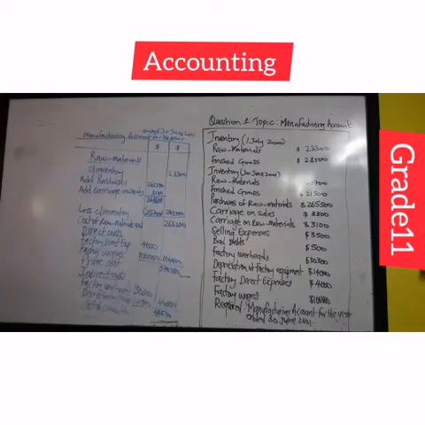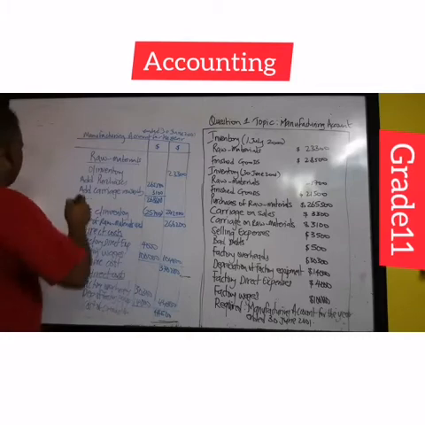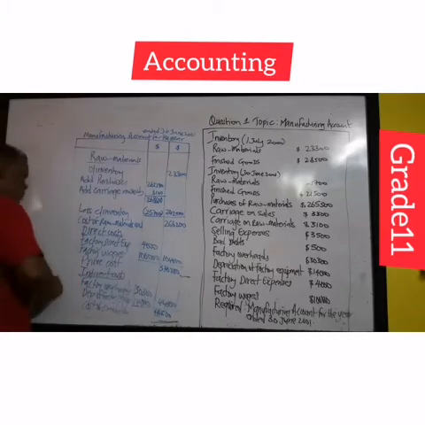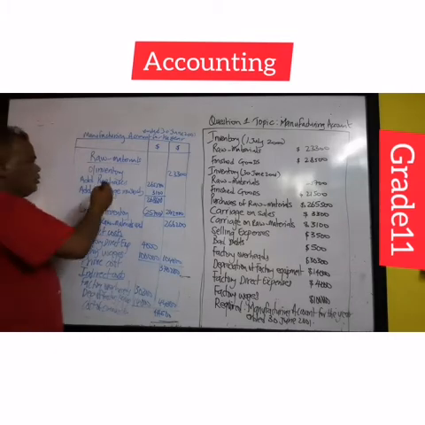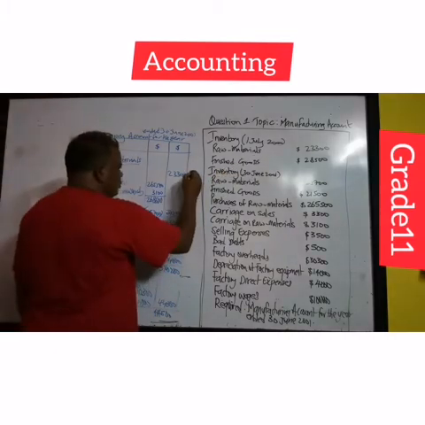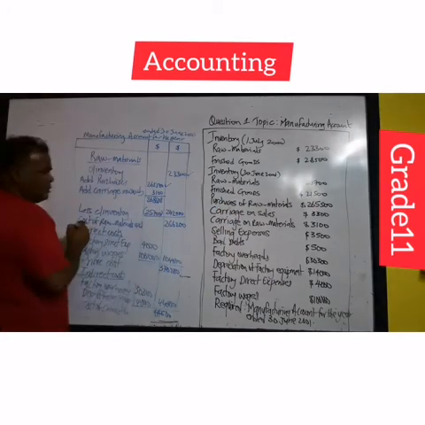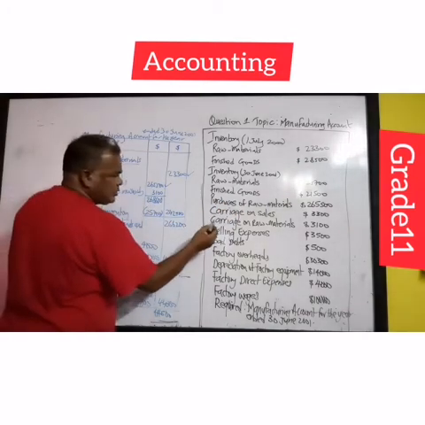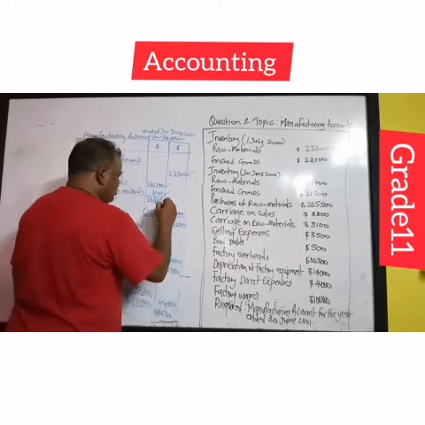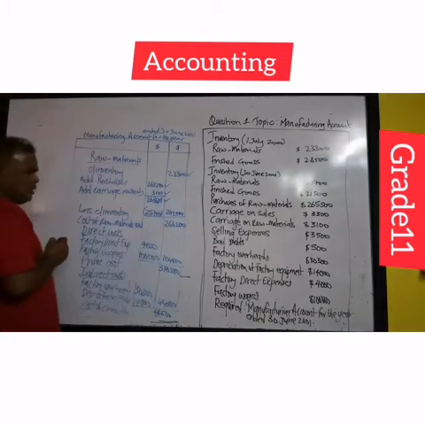We don't have what we call work in progress. So very easy. Opening inventory of raw materials, 23,300. Add purchases of material, 265,500. Add carriage inwards, 3,100, that gives us 268,600.